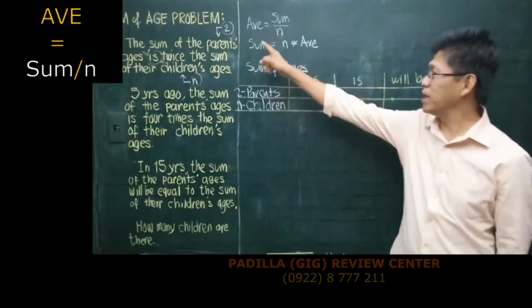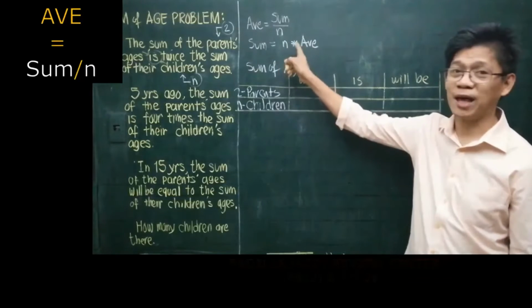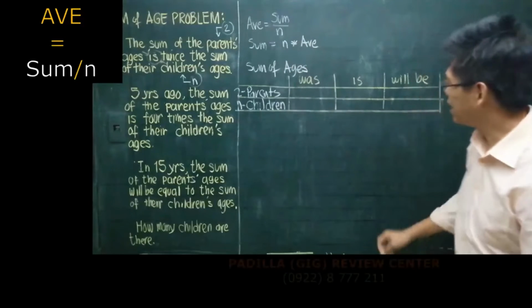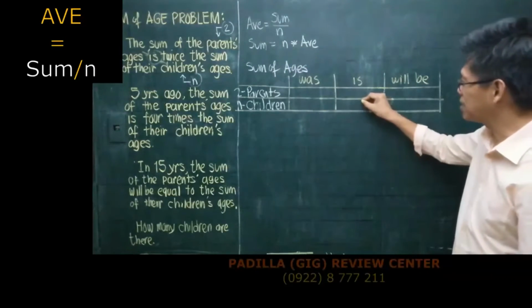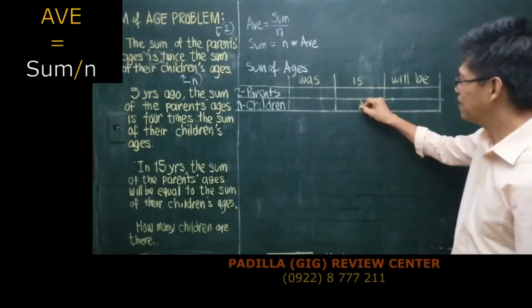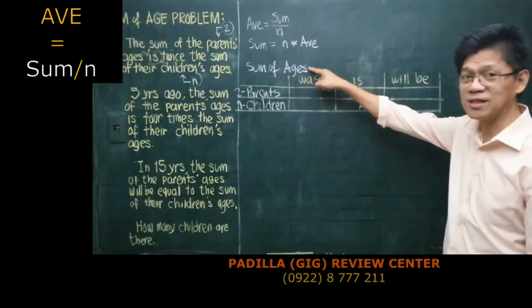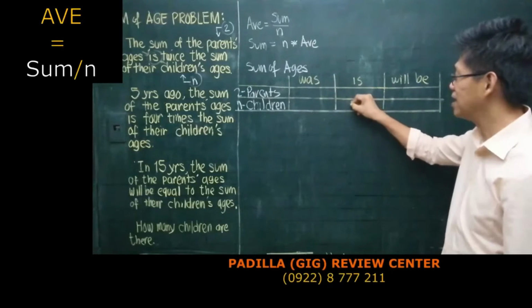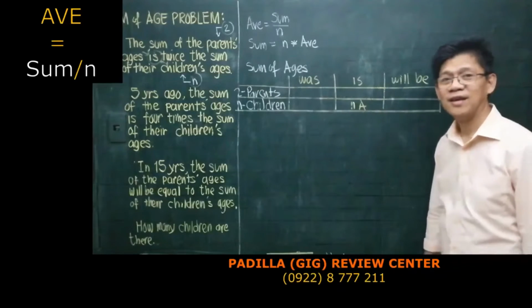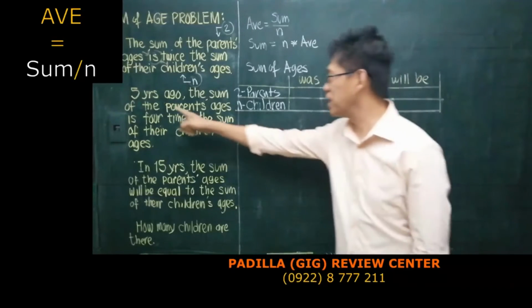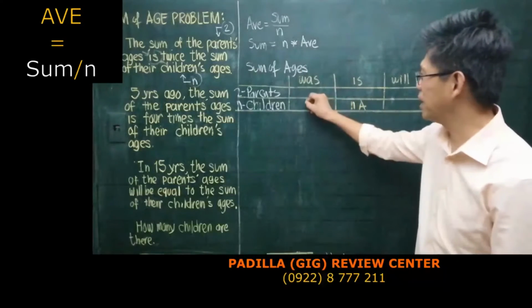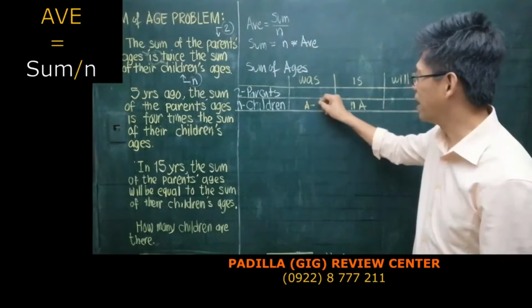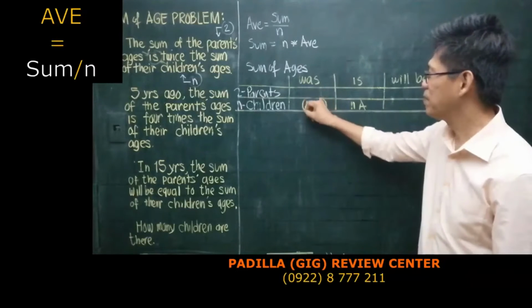Now, the sum of ages is n times average. If the average age of children at present is A, the sum of ages of children at present is n times A. And the average age of children 5 years ago will be A minus 5.